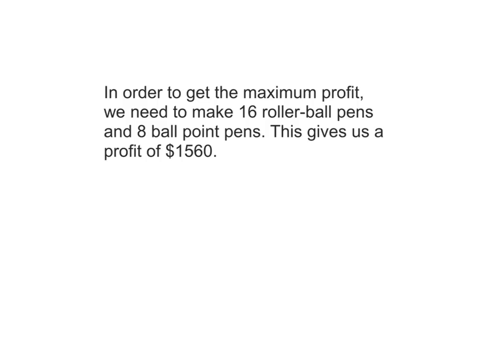So when we're answering these problems, we need to make sure we're answering in complete sentences because real-world problems have a context, and just random numbers, if you just said 16, 8, that's not going to make sense. We have to actually put it in the correct context. So in order to get the maximum profit, we need to make 16 rollerball pins and 8 ballpoint pins. This gives us a profit of $1,560.